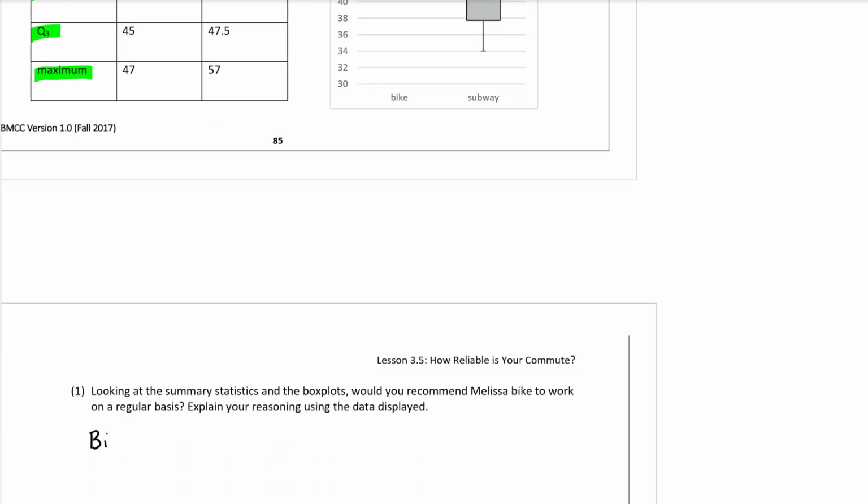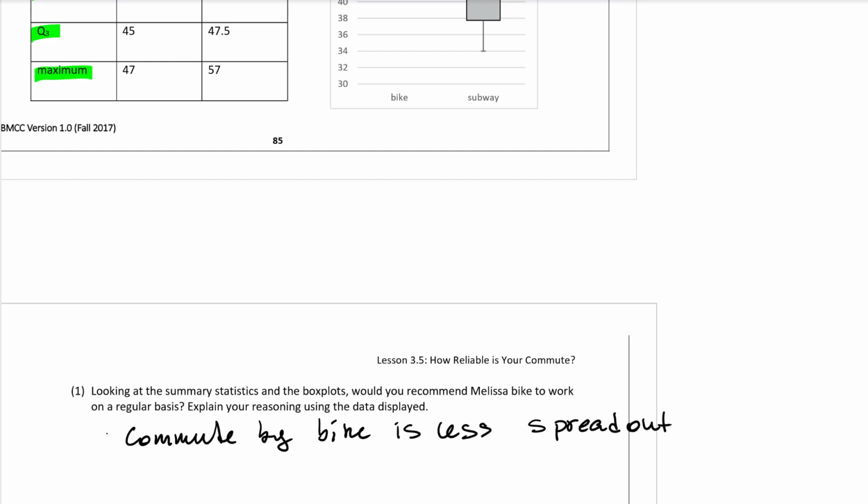Commute by bike is less spread out when it comes to time, and therefore we can say that it is more consistent. Would you agree? The word consistency, that it is within the range, like it's not spread out as much. So would you recommend her biking?